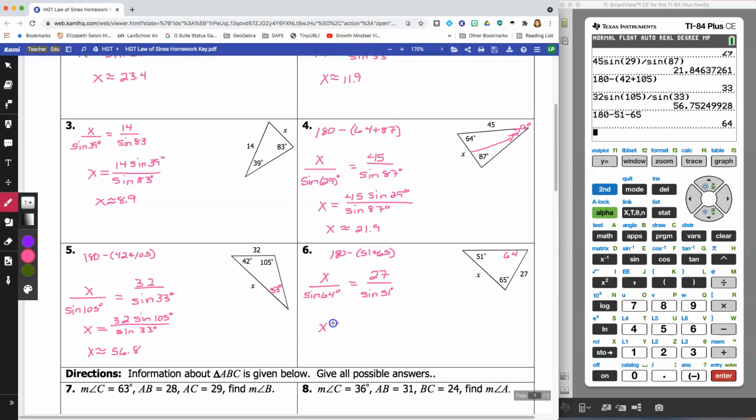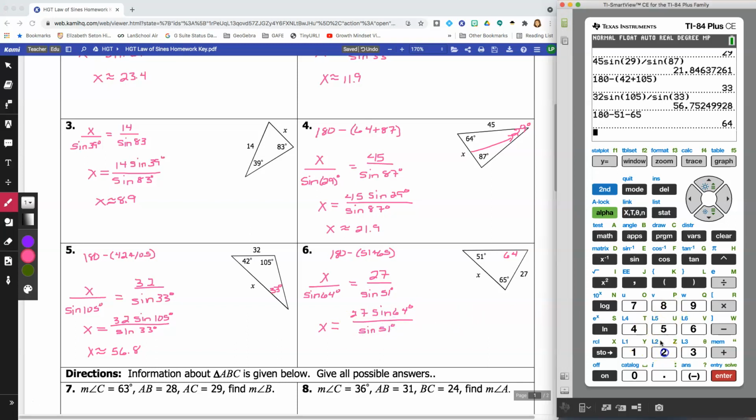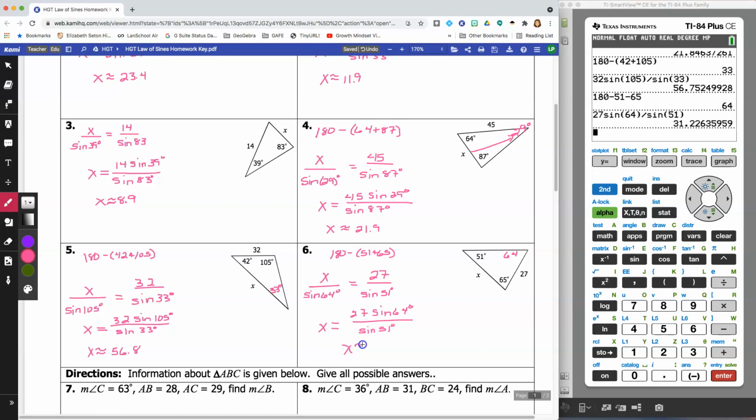So x equals 27 times the sine of 64 degrees divided by the sine of 51 degrees. So 27 sine 64, close my parentheses, divide by sine 51. So x is approximately 31.2, whatever my units are.